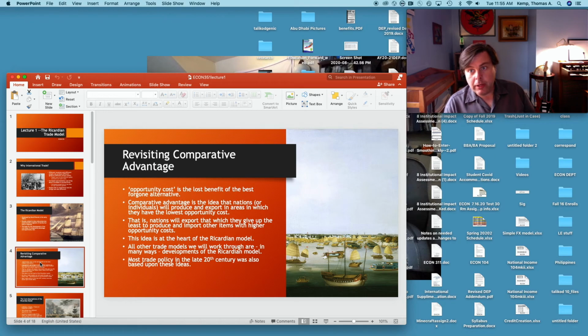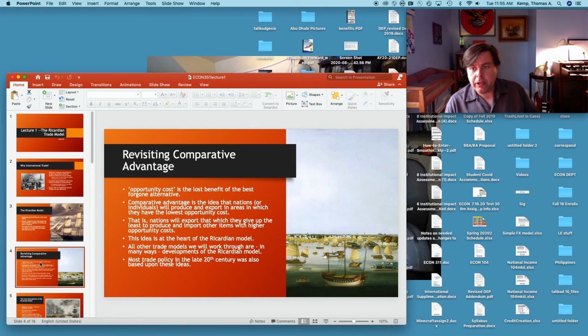In Ricardo's model, the reason for different costs is different productivities. So we're going to assume that maybe workers are more productive in one thing in one nation and in another thing in another nation. In other words, people are good at different things. That's the central assumption of the Ricardian model, that people's abilities are different in different places. And so comparative advantage is the idea that some people can do things by giving up less when compared to others.